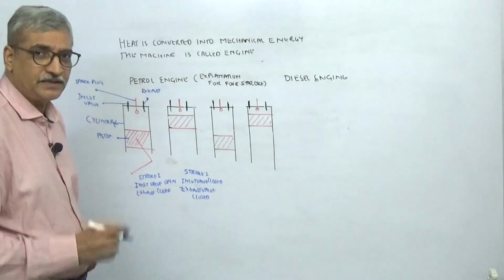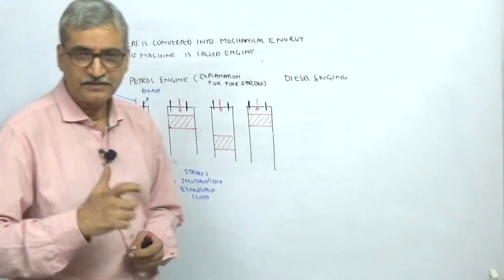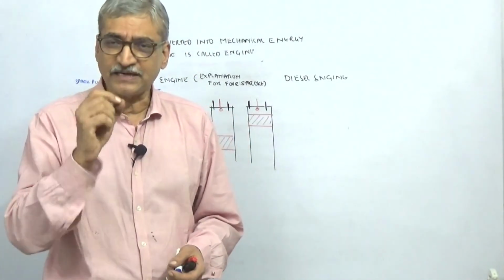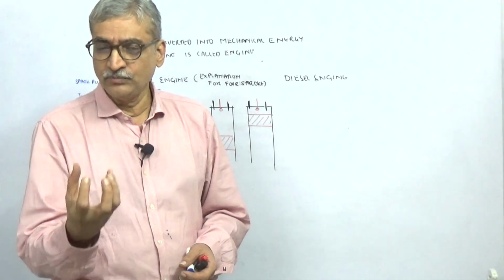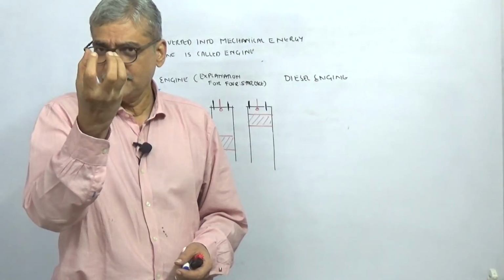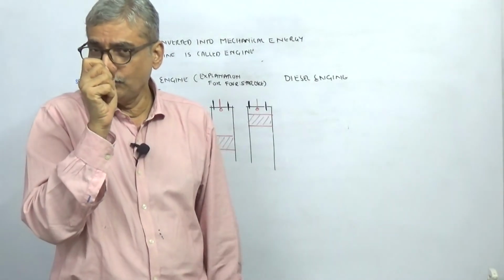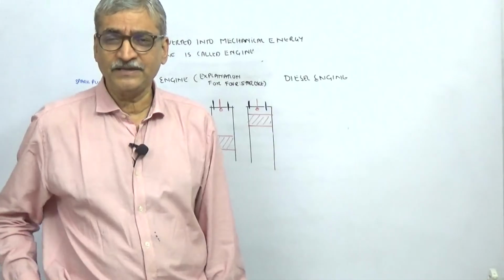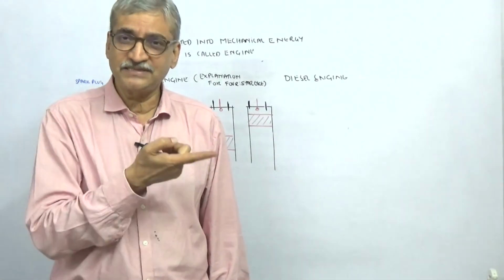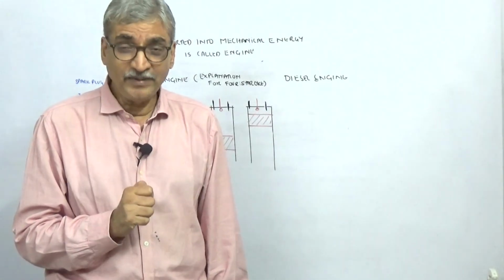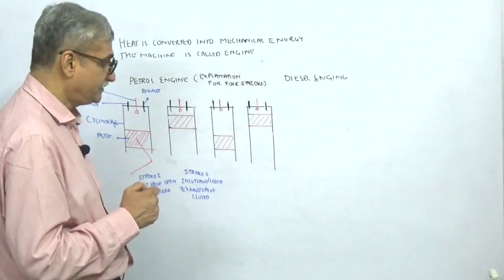The spark plug gives a spark. It's just like a gas lighter. How do we use a lighter? It just gives a spark. The piston moves up, compression, and the moment the spark plug gives a spark, the petrol catches fire because there is air supporting it.